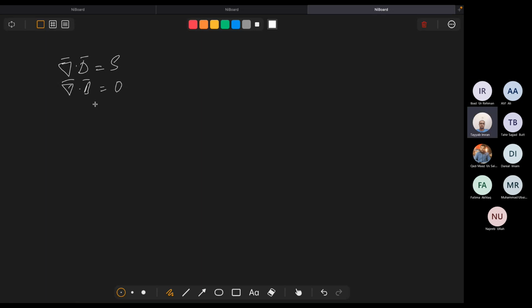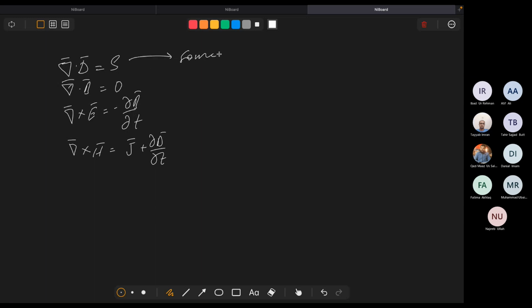Electric field, magnetic field, okay, curl of electric field, okay. So here source and here source, okay. So these are equations with the source.